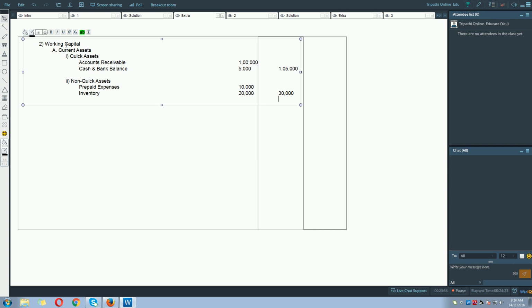Then we have inventory 20,000. So total 30,000. Now if we take the total of this, we will get total current asset. So our total current asset is 1,35,000.